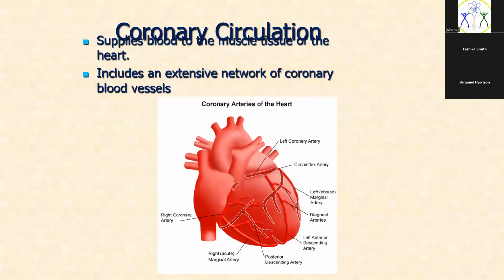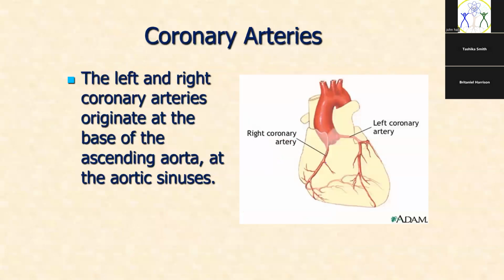It goes up first, then it curves over. So this is the ascending aorta here. And then this part here is the aortic arch, right? So your coronary arteries are coming from basically where the aorta meets the ventricle. So right here.